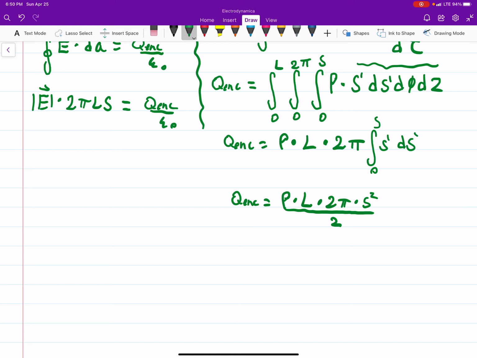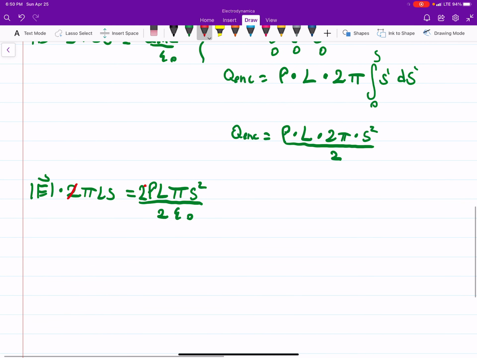And now we can say then that the magnitude of your E field times 2πls is equal to rho L, I'll put the 2 here, π s squared over 2 epsilon naught. We can see this 2 will cancel, this π will cancel, this L will cancel, one of these s's cancel.